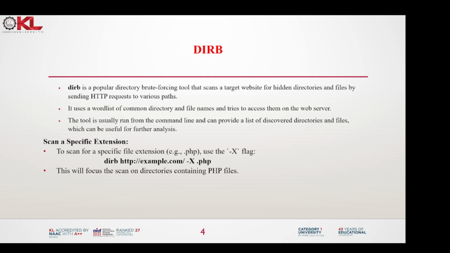So not only identifying the directories, files, or web pages, we can extract them. Instead of extracting all types of data from the web servers or websites, we can extract a particular type of data. For example, if we only want to see .php files, we use option X followed by .php.